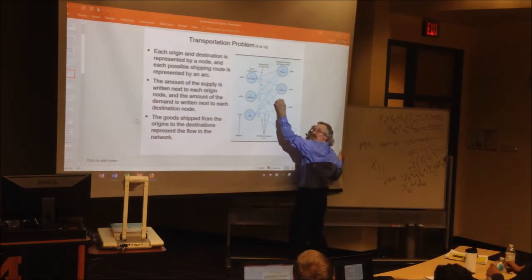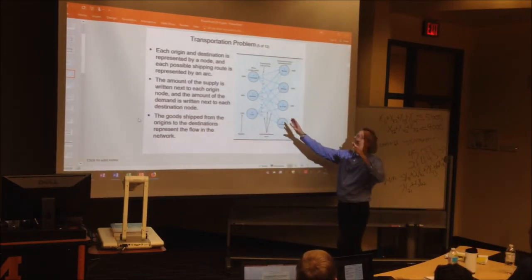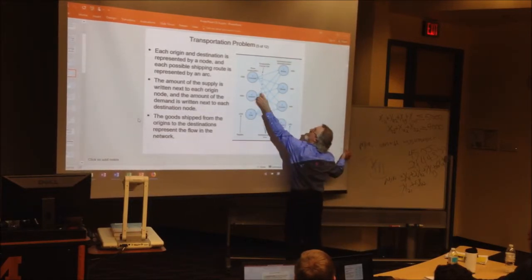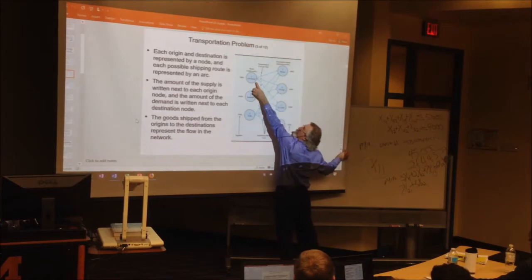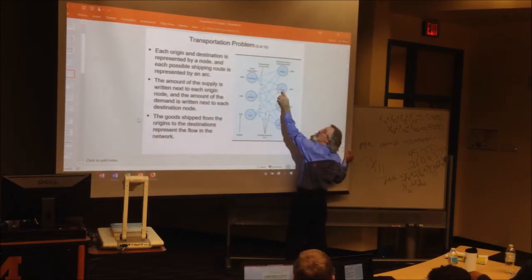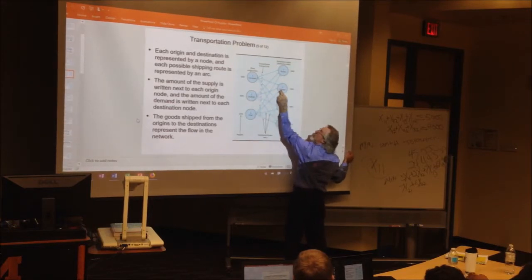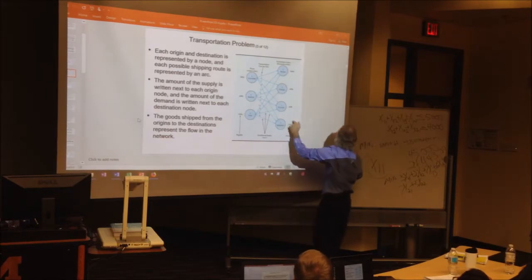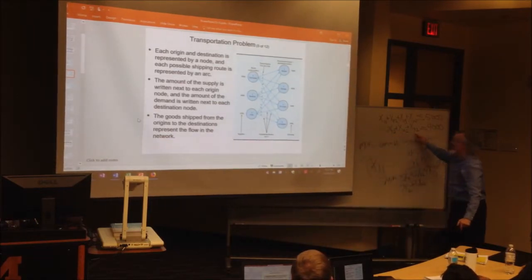See the arrows coming in? The numbers of the arcs are always where it's coming from, going to 2. So this arc right here, x12, coming from 1, going to 2. This arc, x22, coming from 2, going to 2. This arc coming from 3, going to 2. So x12, x22, x32.